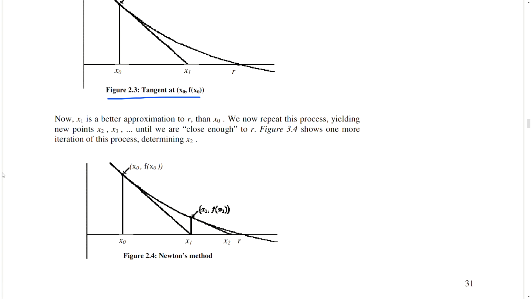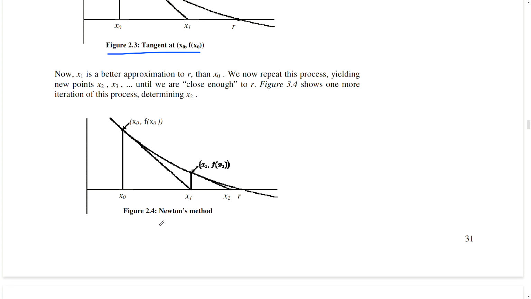We now repeat this process, yielding new points x2, x3, until we are close enough to r. Figure 3.4 shows one more iteration of this process, determining x2.